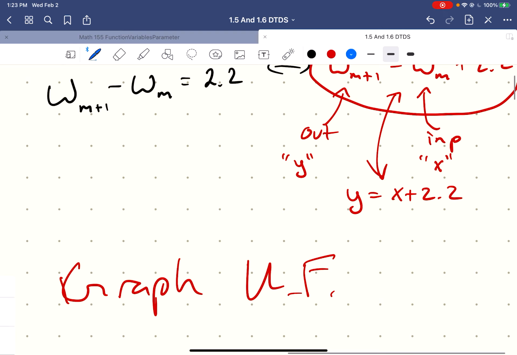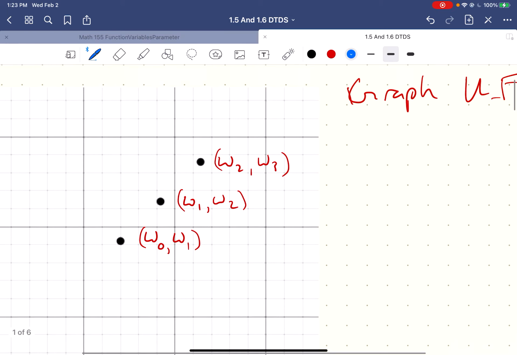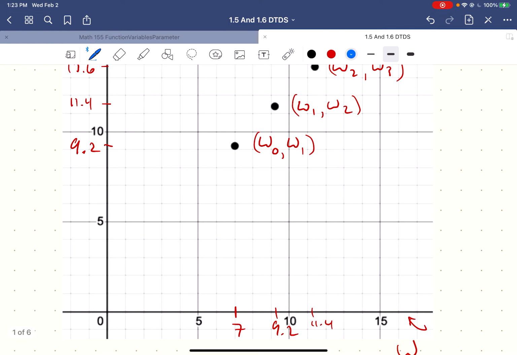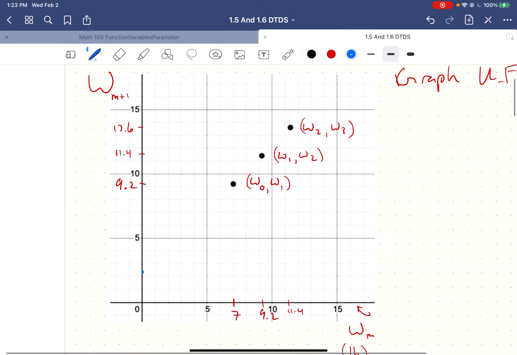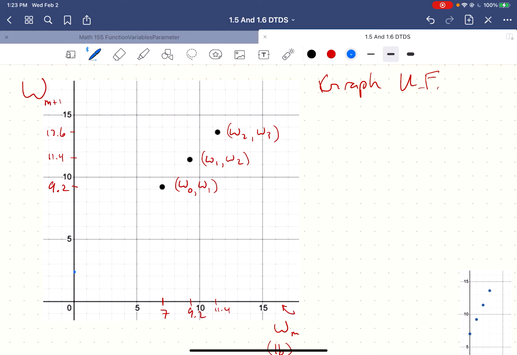Let's talk about this line for a moment. It has a slope of 1, and it has a y-intercept of 2.2. And if I go back here to my data, 2.2 is probably around here somewhere. Let's see if that's indeed what's going on. If I start at this point, and I connect to the last point, and just hold, boom, there we go. Yes, indeed, it all works out.